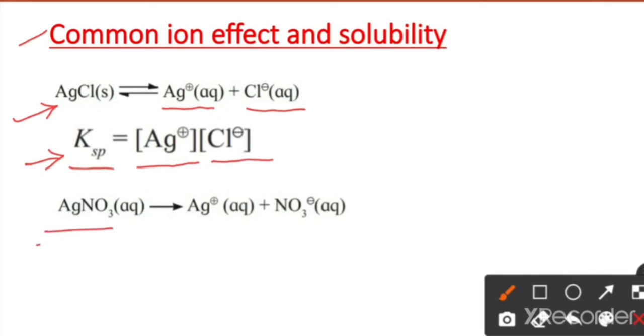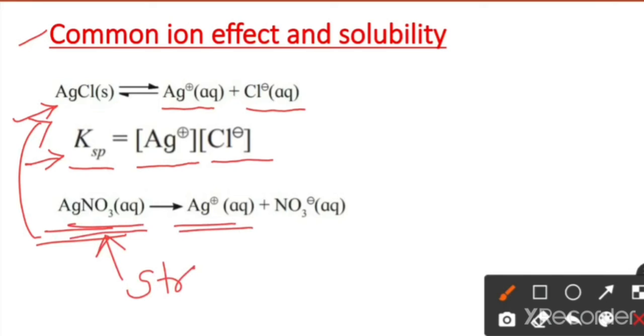Suppose silver nitrate is added to the saturated solution of silver chloride. The salt silver nitrate is a strong electrolyte and dissociates completely to form Ag plus ion and NO3 minus ion.